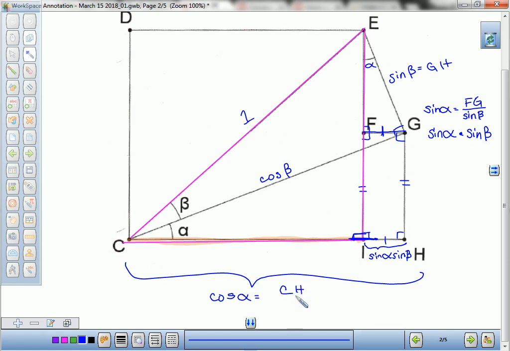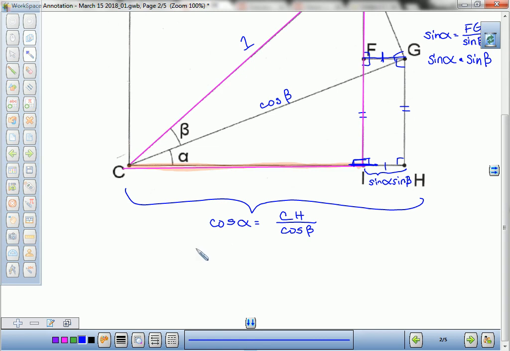CH over the hypotenuse, which is cosine of beta. So you subtract. So CH is cosine alpha times cosine beta. And this subtract sine. Well, why would you need us?